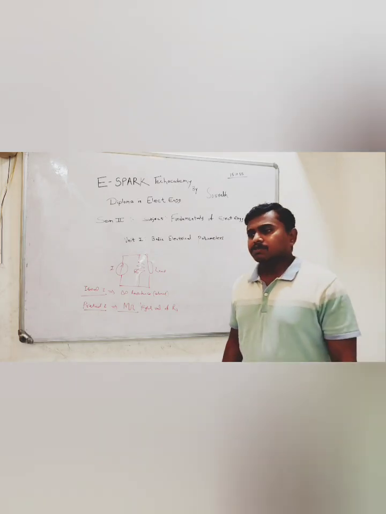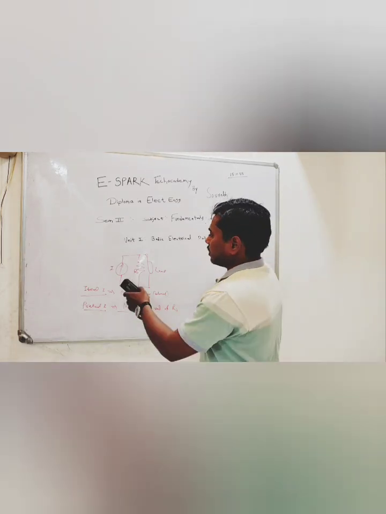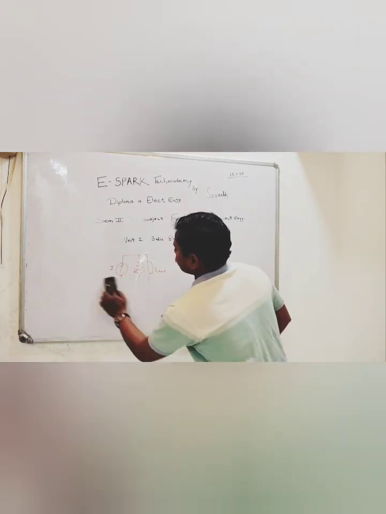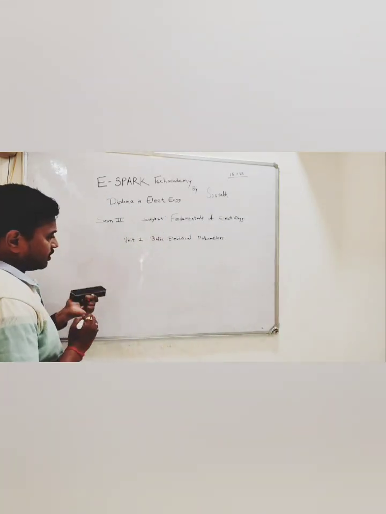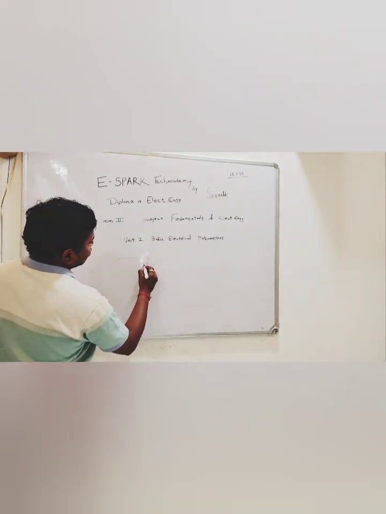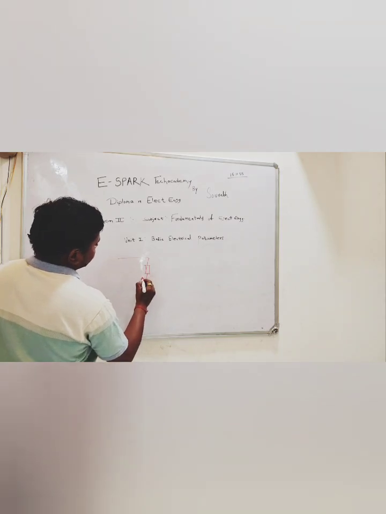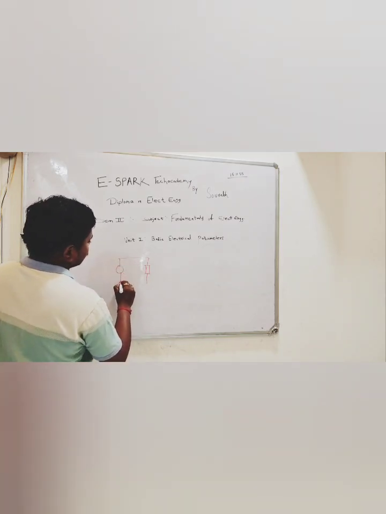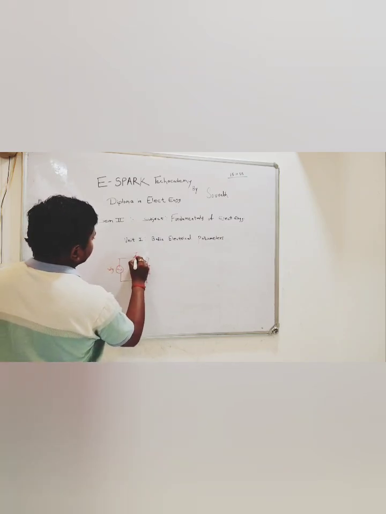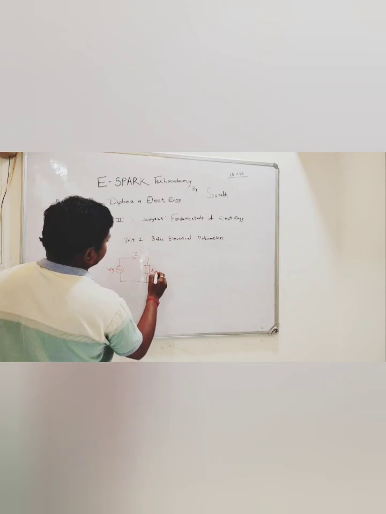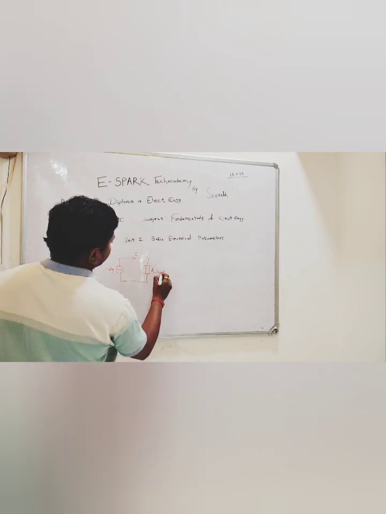If you apply some potential difference, as I will show you, this is a load and this is a source, it may be a voltage source, and this will be the current flowing through it, and R will be the load.